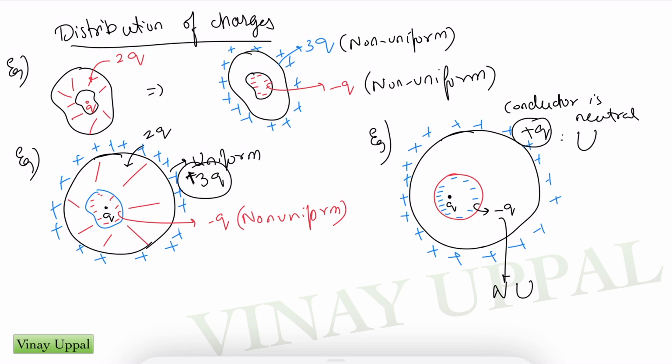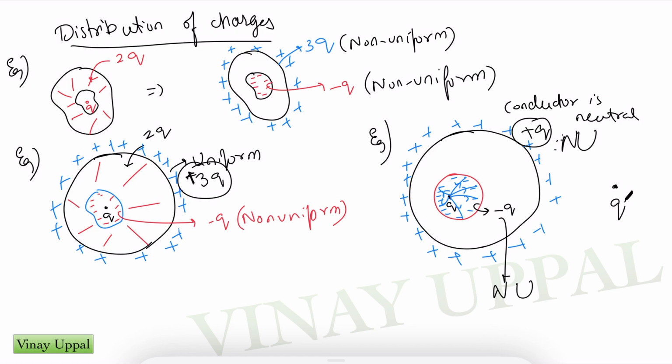Here, if I were to place another point charge, let's say q dash or any other external charge, then the outer surface charge will become non-uniform because of the presence of the point charge. So one thing we should know is the concept of electrostatic shielding. That is exactly what is happening here. The field lines due to the charges inside the cavity do not come out.